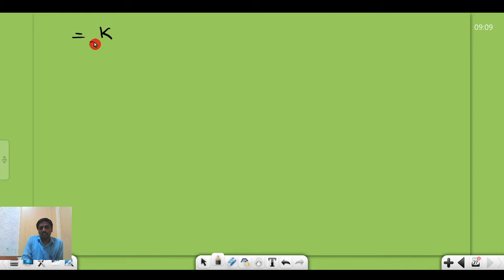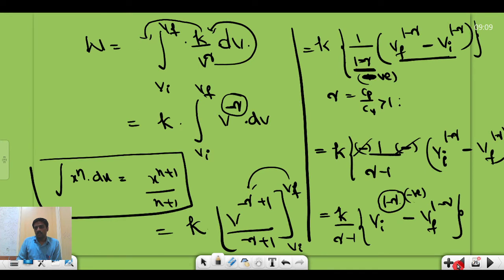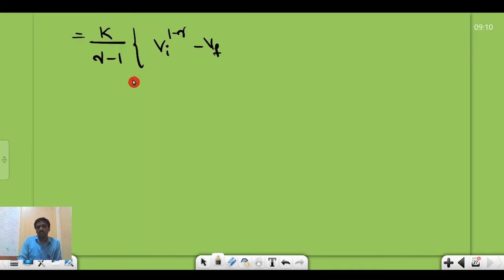Once again I am writing k power gamma minus 1 into V i 1 minus gamma minus V f 1 minus gamma. Let me check once again, V i 1 minus gamma, V f 1 minus gamma is there here.